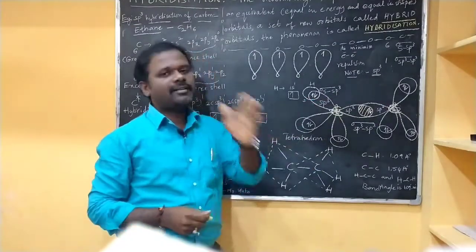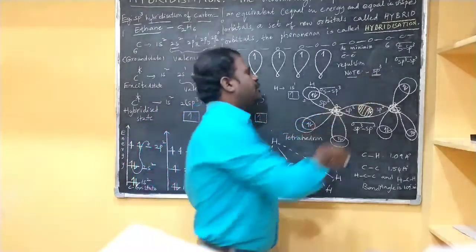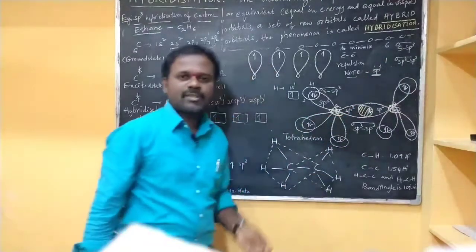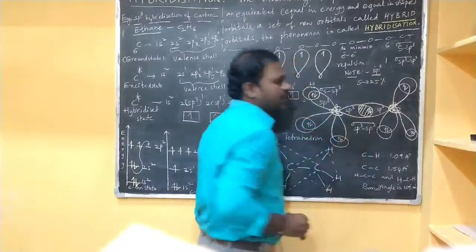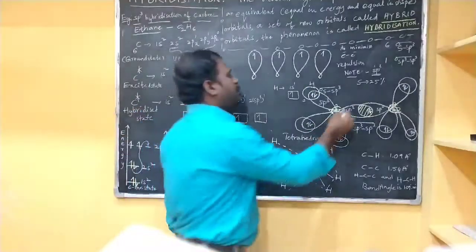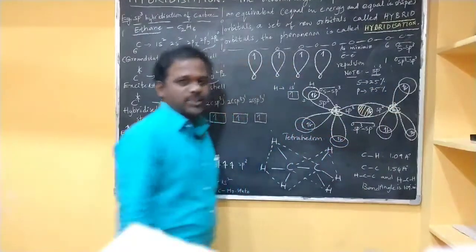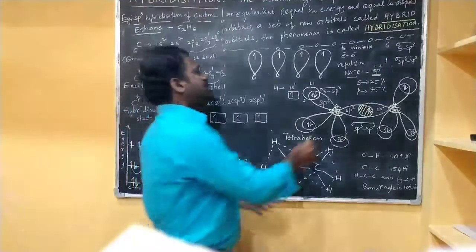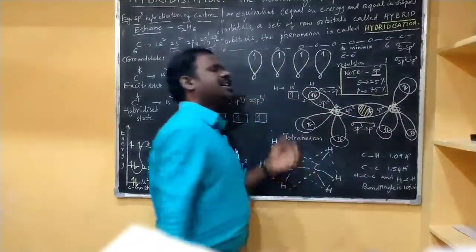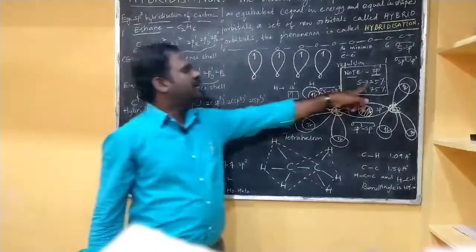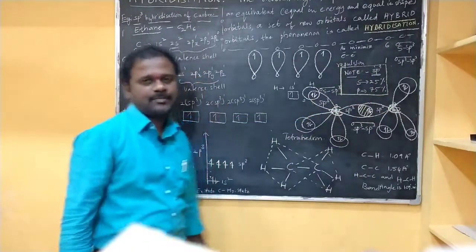Taking 100 parts overall, s gets 100 divided by 4, so s gets 25%, and the remaining p orbitals are 75%. Very important. What is the s percentage in the sp3 hybridized state? The s percentage is 25% and p is 75%. Thank you.